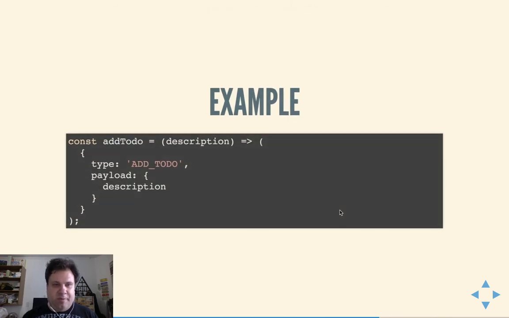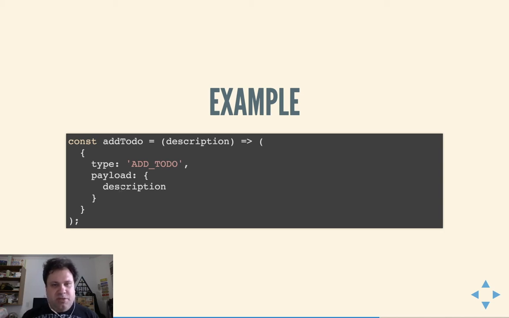Here's an example. We have this add to do action creator. To create the action of add to do, all it needs is to receive the description of the to do as an argument. And what it generates is this action object that has a type of add to do and a payload of the to do's description.